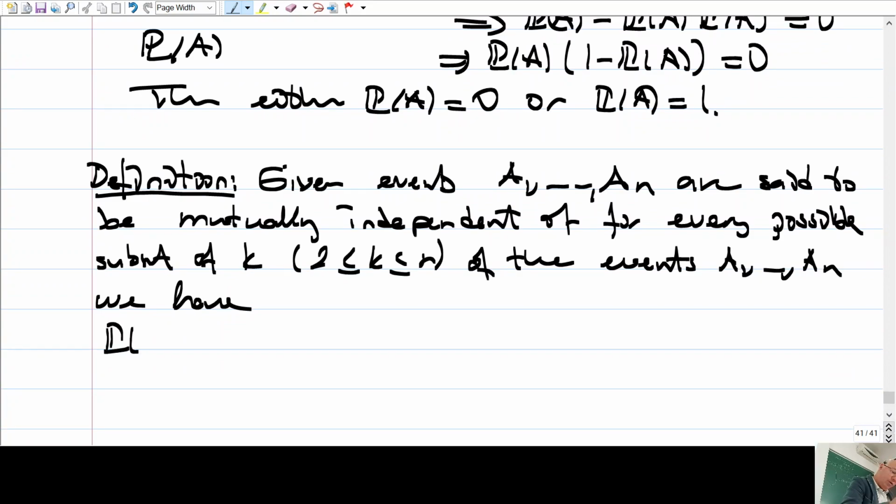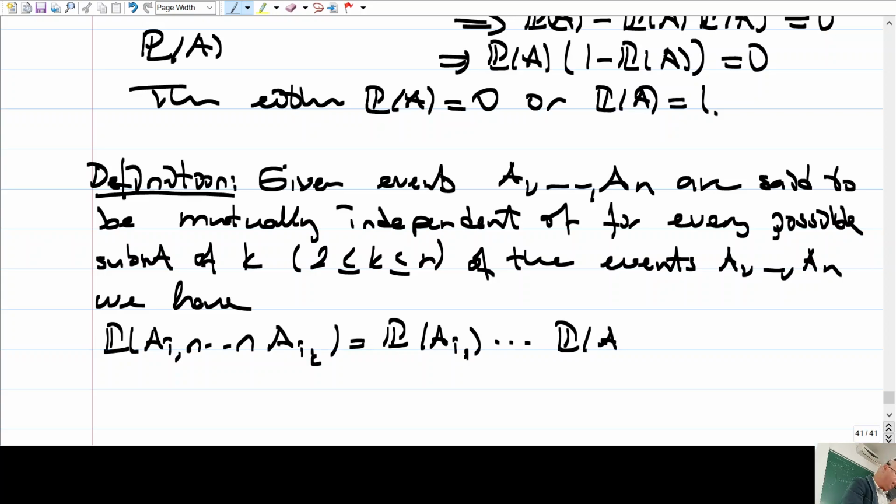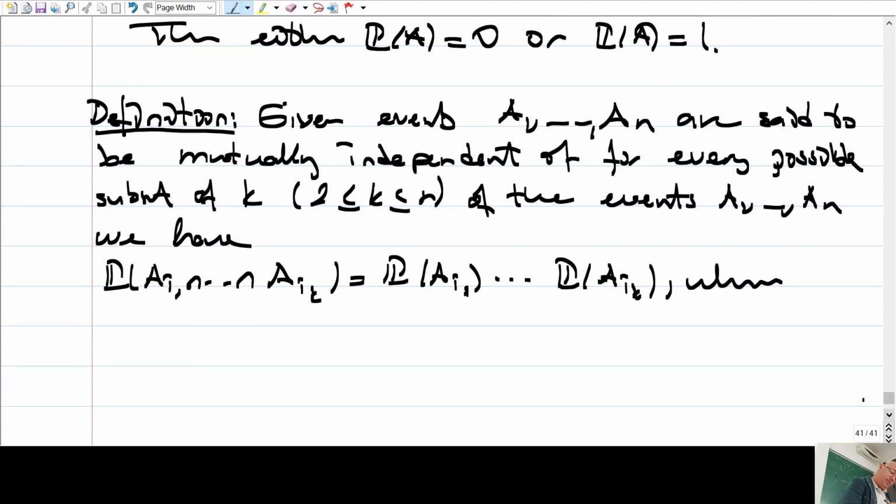The probability of A_I1 intersection up to A_IK is PA_I1 times up to PA_IK, where 1 is less than or equal to I1, I2, up to IK, which is less than or equal to N.